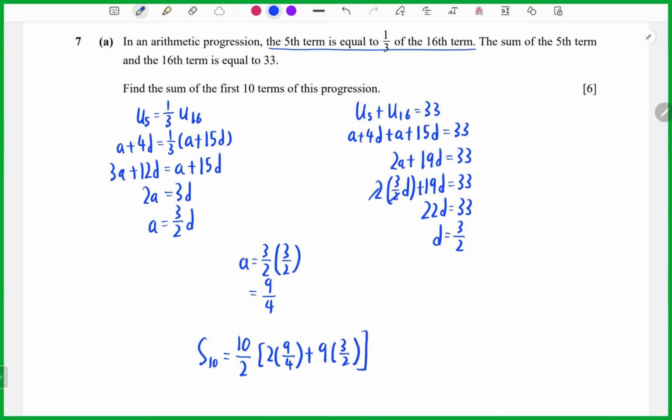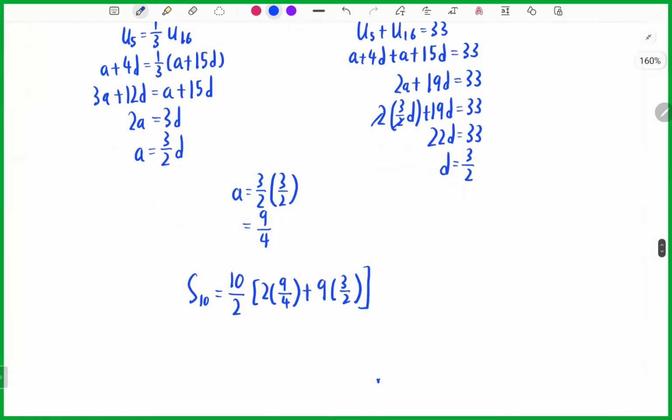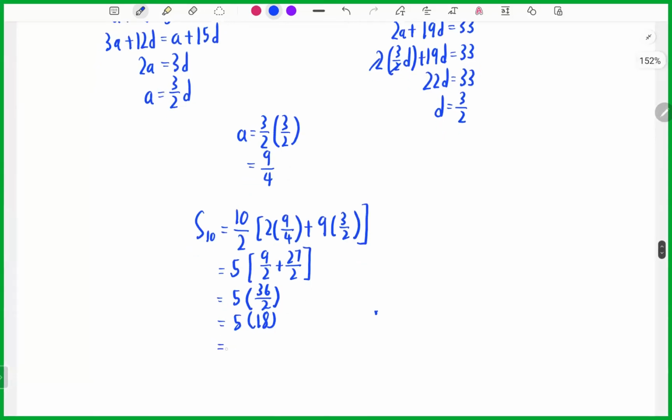So 5 times (9 over 2 plus 27 over 2). So it equals 5 times 36 over 2. So you get 5 times 18, which equals 90.